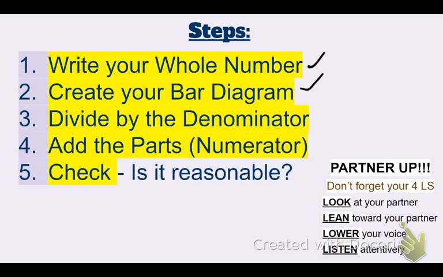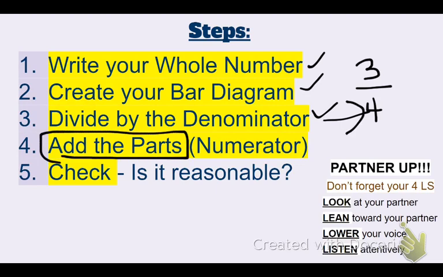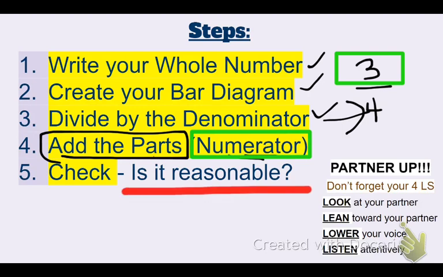Step 3, divide using that number on the bottom, that denominator. Step 4 is where we're going to add the parts. And remember, the parts is the numerator. The top number of a fraction is the piece. It's the part. It's how much we have. Finally, at the end, we're going to see if our answer makes sense. Is it reasonable? And if it's not, we're going to go back to step 1.